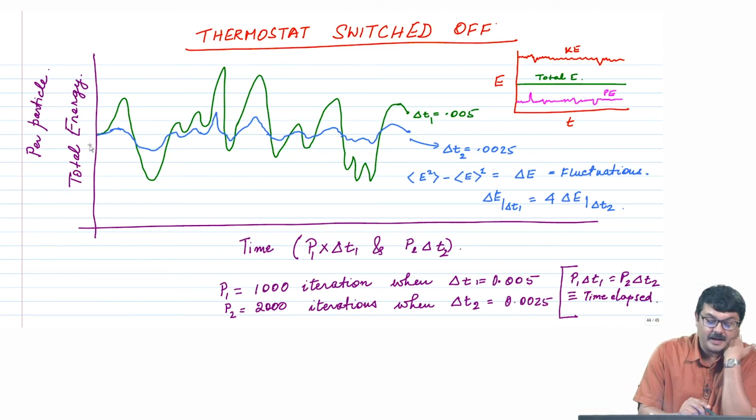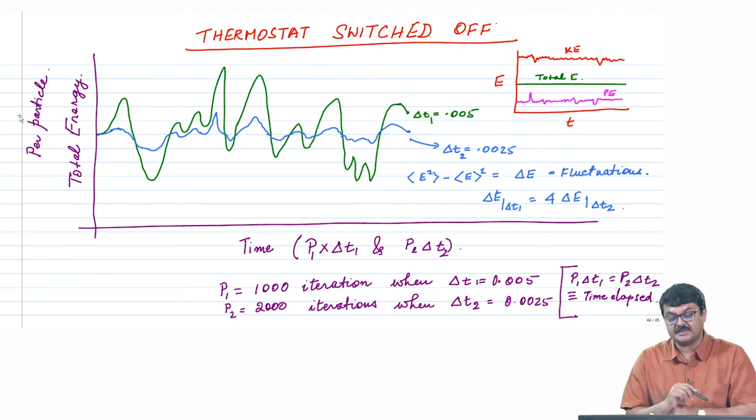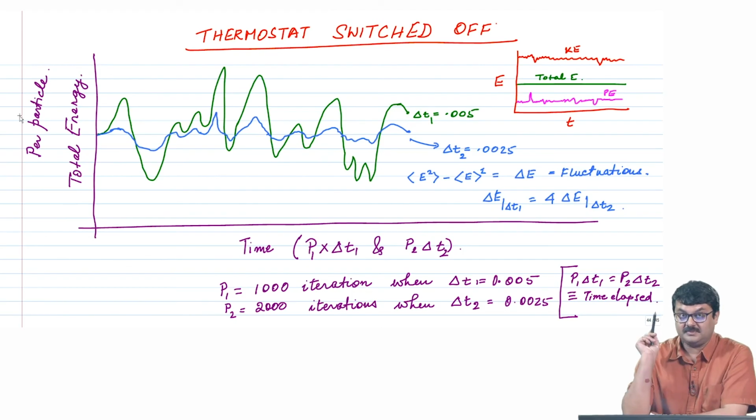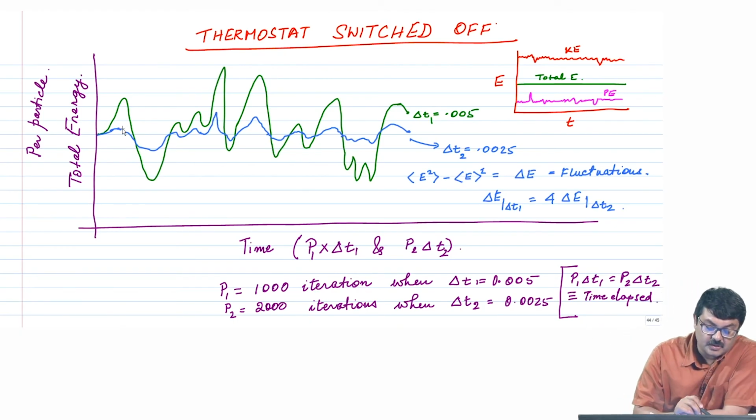But if you zoom in, then you are going to see that the trajectory of the energy in this graph, where you are plotting total energy per particle versus time, the time elapsed in the simulation run being the same, is going to exactly follow these peaks and dips in the energy. Look at this blue line.